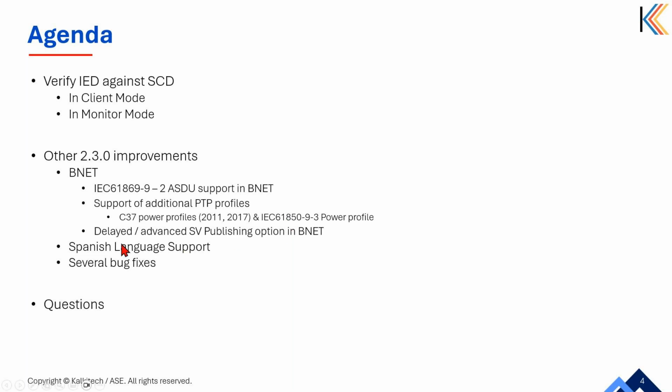We also have a capability to delay and advance the SV publishing so that the user can find out how the relays behave in the case of unsynchronized or not synchronized merging unit scenarios.